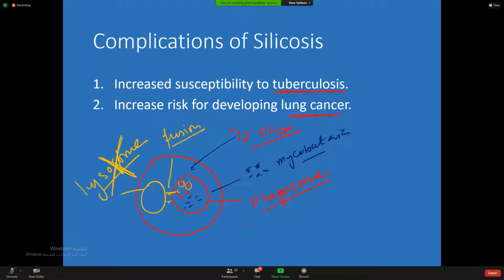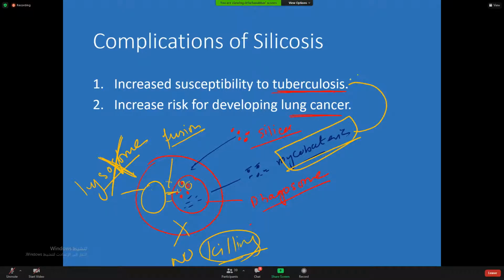And because they cannot fuse, they cannot do any kind of killing. So because there is no killing of the mycobacteria, there is increased risk of tuberculosis in these patients. And secondly, they have increased risk of development of lung cancer as well in silicosis.